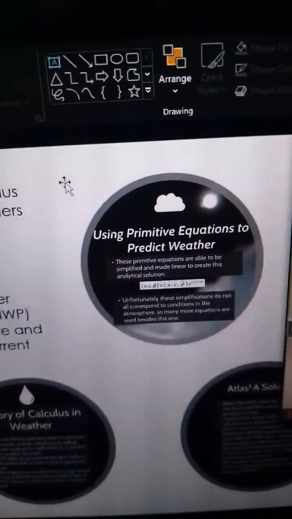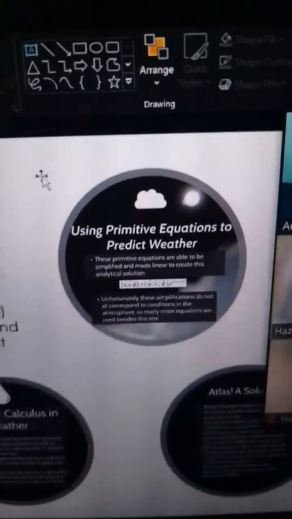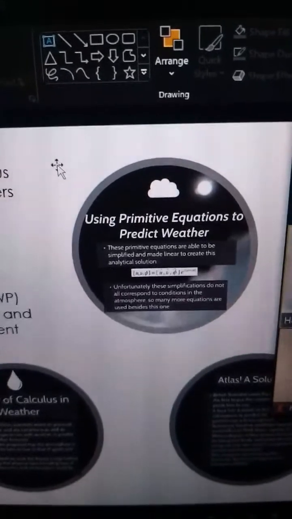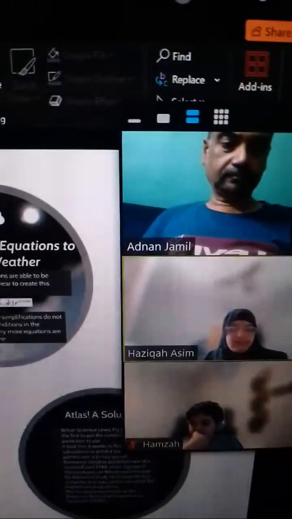They use this formula for predicting the weather, and basically numerical models. They use physics, and physics has math as part of it, so you have to apply conservation of momentum, the thermal energy equation, and the continuity equation.